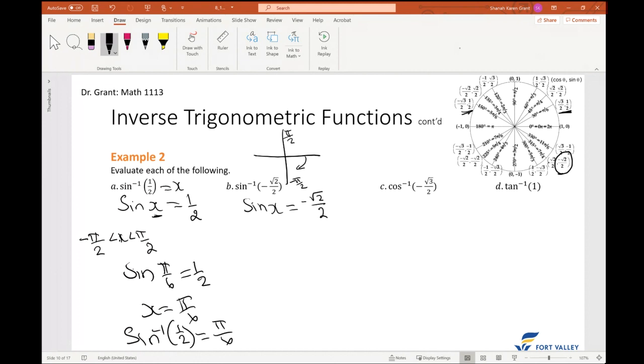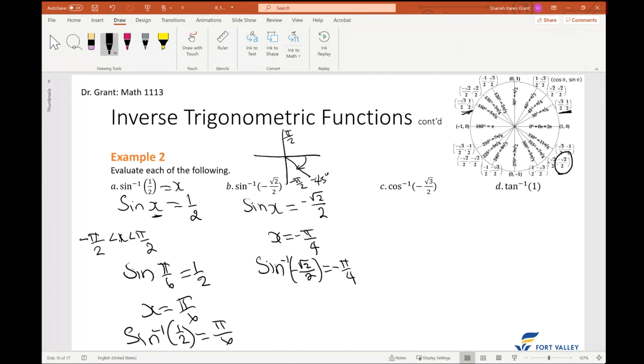What angle would be here where 7 pi over 4 is? Well, that's going to be the 45-degree angle, negative 45 to be more specific, which would be negative pi over 4. So x equals negative pi over 4, or you could say sine inverse negative root 2 over 2 equals negative pi over 4.